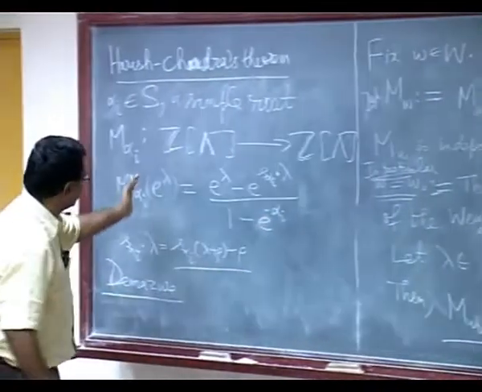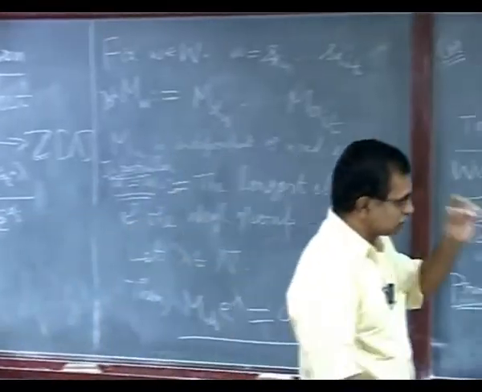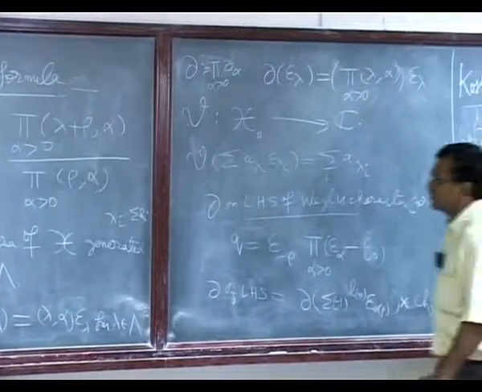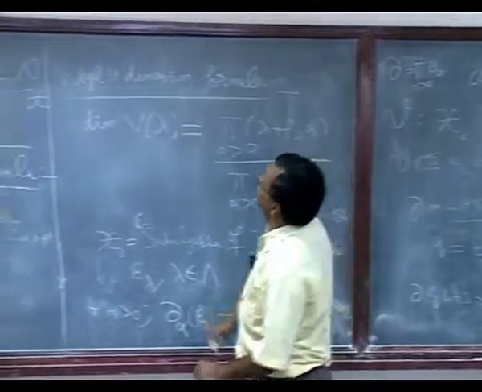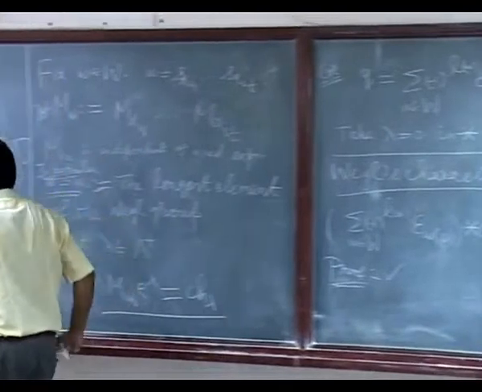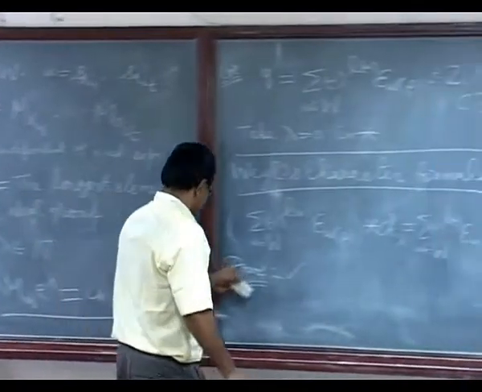So, if you keep writing like this, we could get like this. What we can do is, if we have time, I could do it for SL2 on both sides. So, that will be a good thing.